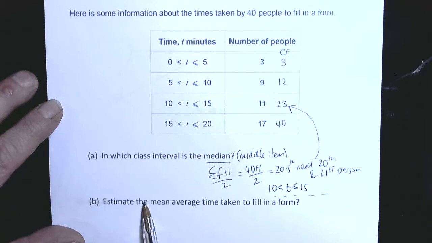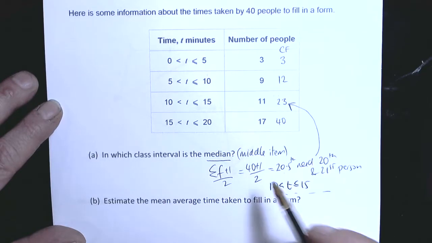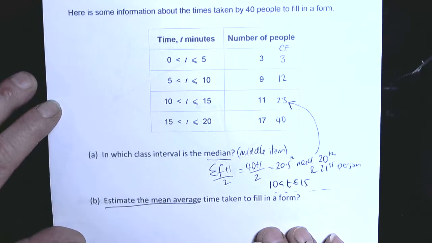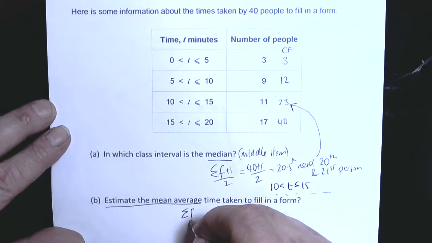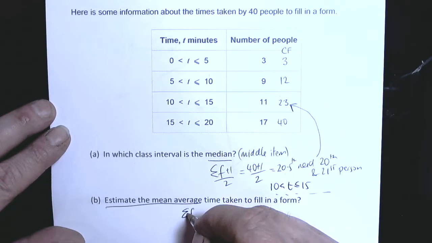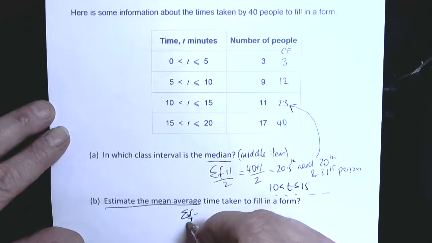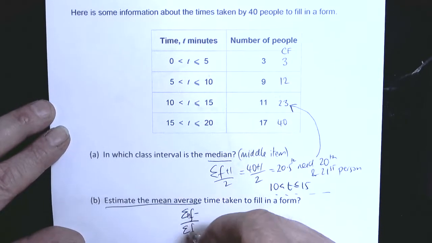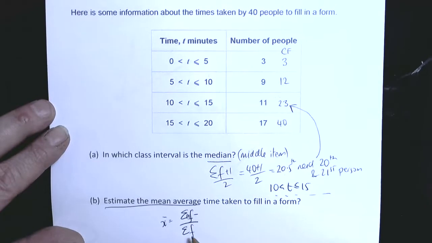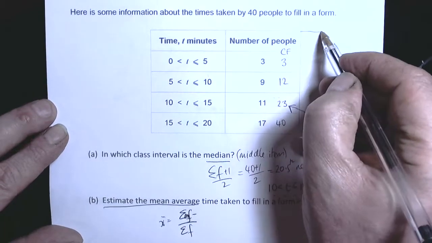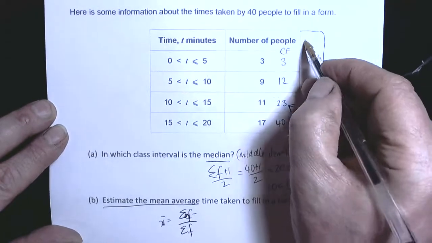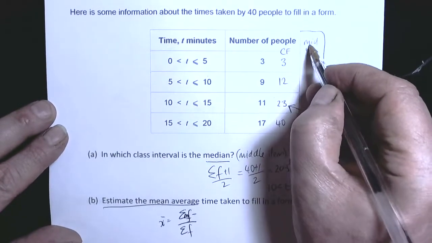Okay, so this next question says estimate the mean average time, and when we see the words estimate the mean average, then we should be thinking of a formula. So the sum of mf's, midpoint times frequency, divided by the sum of f's, and that basically means that we need to find the midpoint, so we add an extra column on and call that the midpoint.